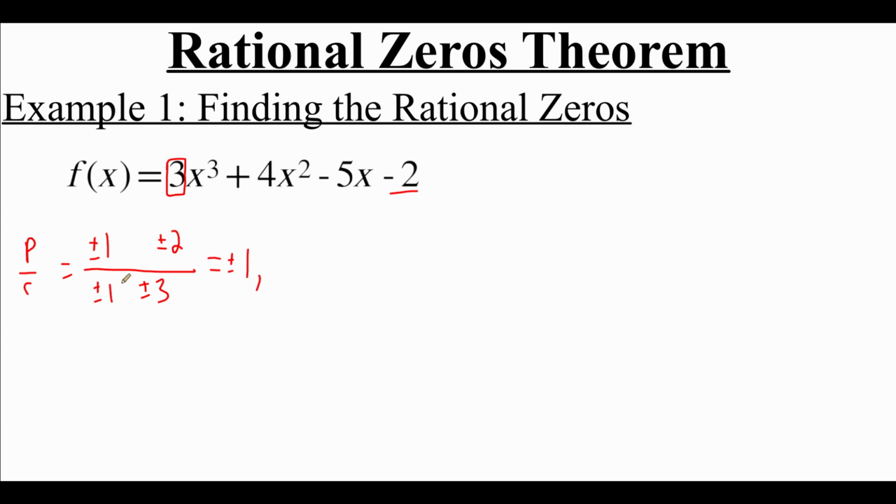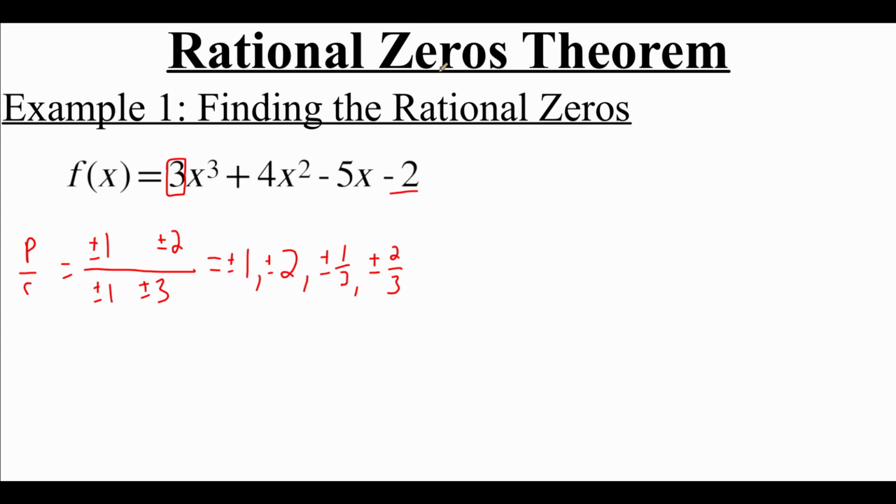Now, if I took the 2 and put it over the 1, 2 divided by 1 is 2, but again, I'm going to put the plus and the minus back on there, because we could end up with a positive 2 or a negative 2. Then I'm going to take the 1 over the 3, so I would have positive or negative 1/3. And then the 2 over the 3, so I would have positive or negative 2/3. So as I'm looking at this list, I have 8 potential rational zeros.